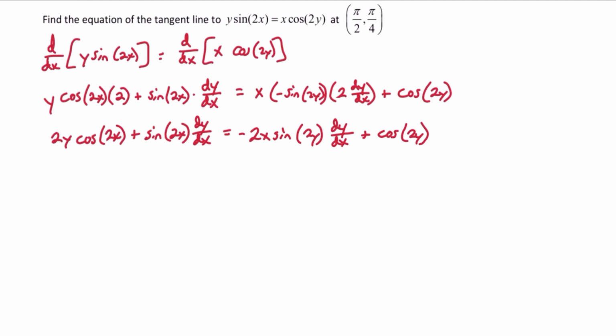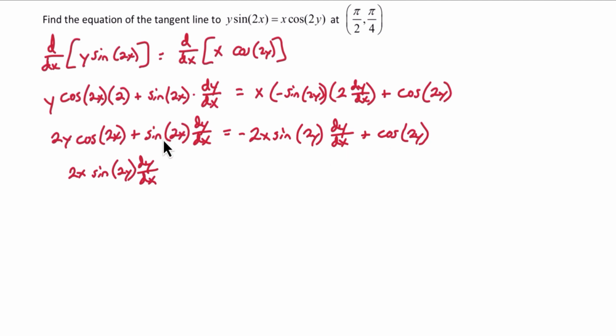Remember, our goal is to isolate dy dx, so we'll move terms that contain dy dx to the left side. Terms that do not contain dy dx will move to the right side. So this negative 2x sine of 2y dy dx, we'll add it over.